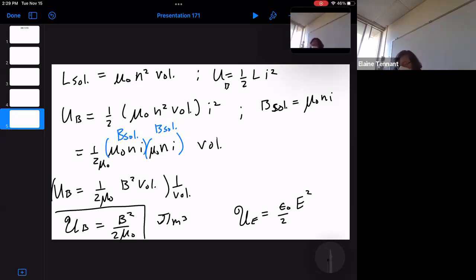I have a 1/2 in both of them. I'm taking the magnitude of the field squared in both of them. And then I have this permittivity and I have this permeability. And both of those constants really talk about how easy or hard it is to get the field into the space that you're talking about. So they both mean the same thing.